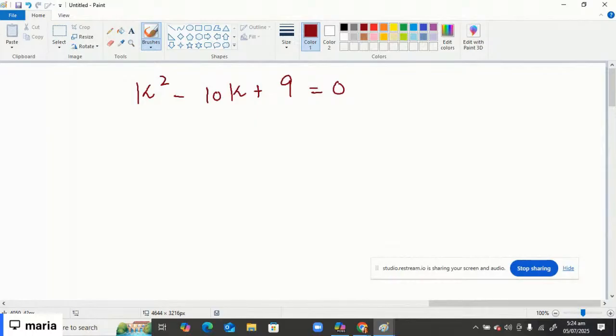So what is the first step? Separate this 9 from the constant side. It moves to the other side and becomes negative 9.